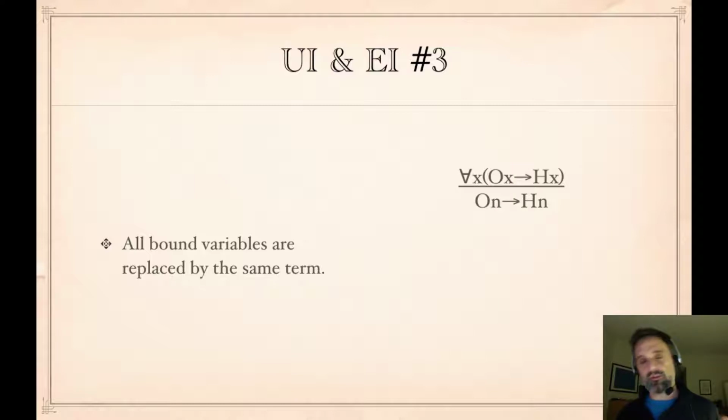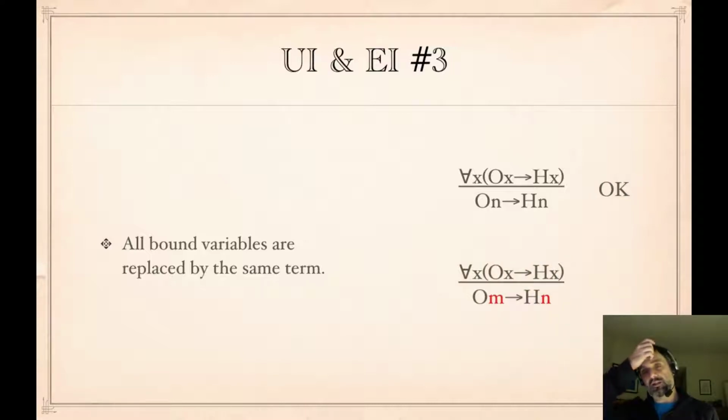So suppose we have for all x, if Ox then Hx, and then we infer if On then Hn. Every ostrich is honorable. So if Nancy is an ostrich, then Nancy is honorable. No problem. But if we inferred if Om then Hn, we'd be saying if Mary is an ostrich, then Nancy is honorable.